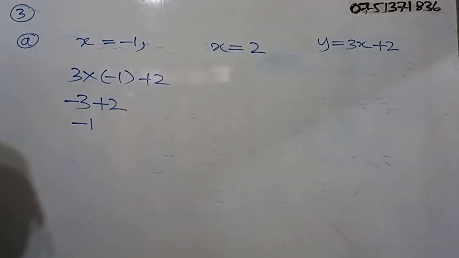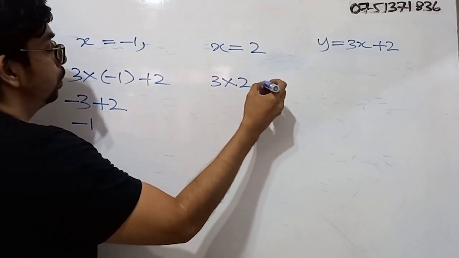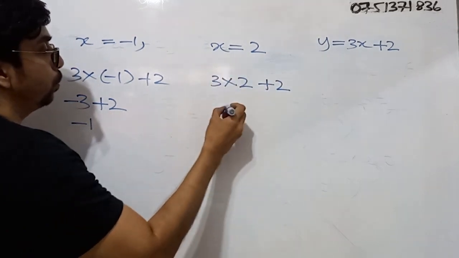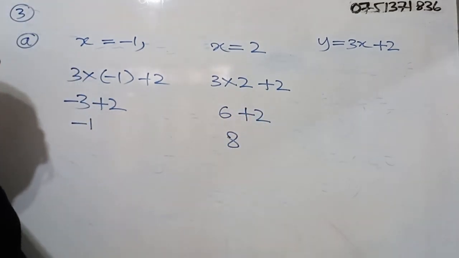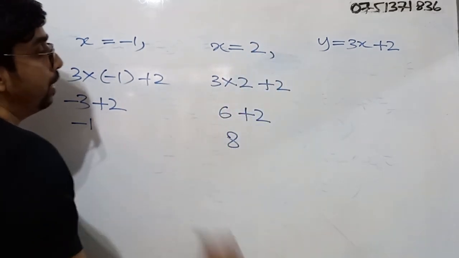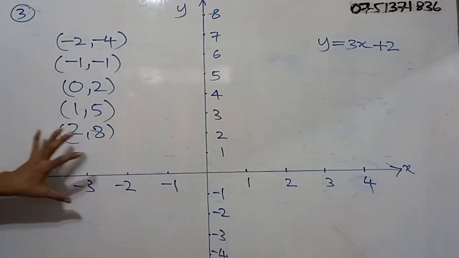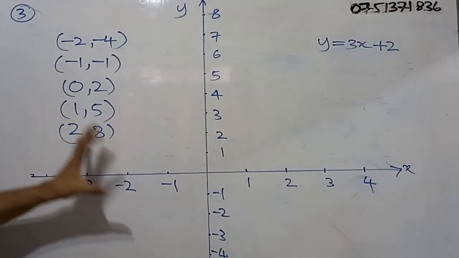Next we have x equal to 2. So 3 into 2 plus 2. 3 into 2 is 6, 6 plus 2, the outcome is 8. That means when x is 2, y will be 8. These are the coordinates that we need to use to come up with the graph.